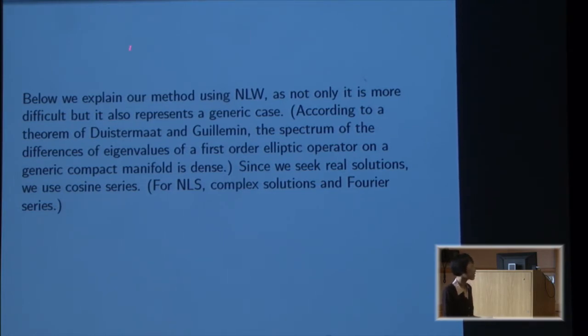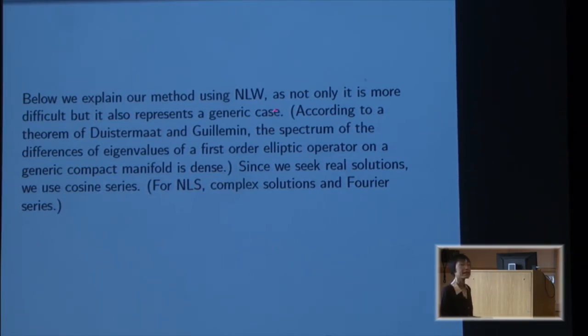I said I have a result for both nonlinear Schrodinger and nonlinear wave, but I'm going to explain our method using nonlinear wave for two reasons. First, it is more difficult. But there's another reason, maybe even more important: it also represents a generic case. In the following sense, according to the theorem of Duistermaat and Guillemin, the spectrum of the differences of eigenvalues of a first-order elliptic operator on a generic compact manifold is dense.